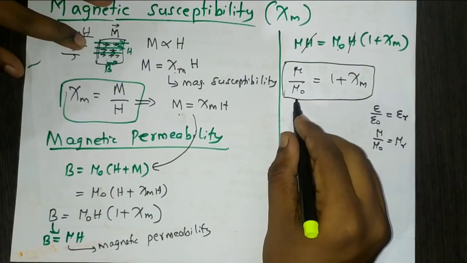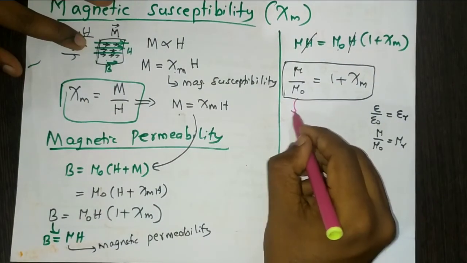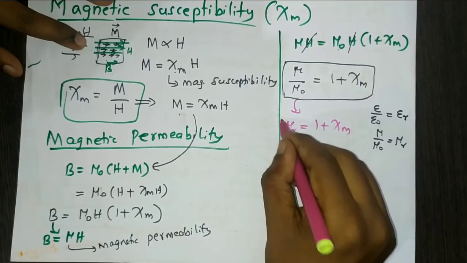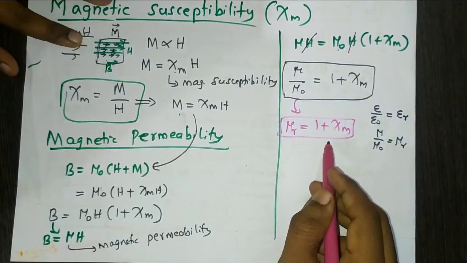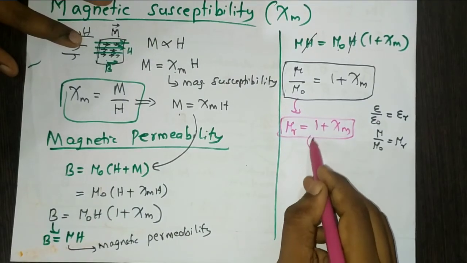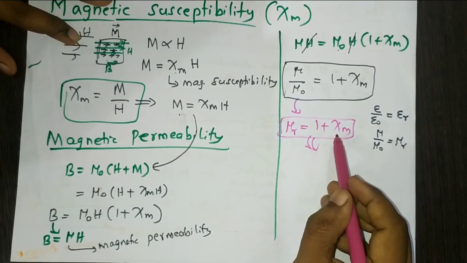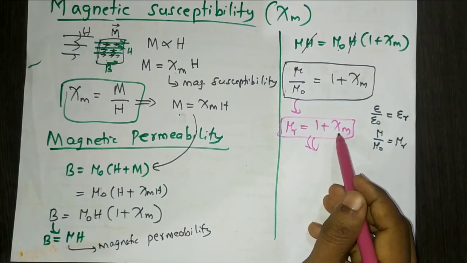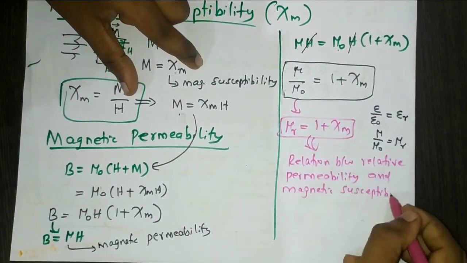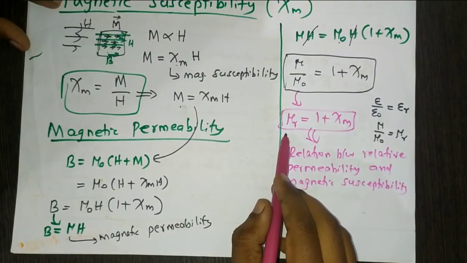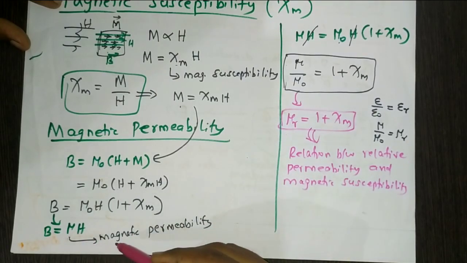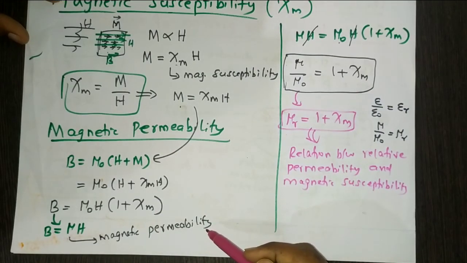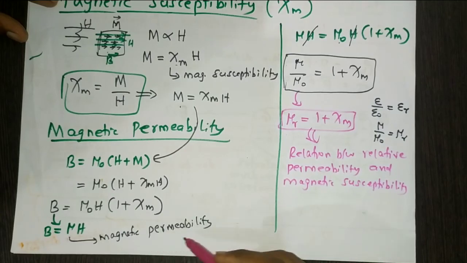That is, mu r is equal to 1 plus chi m. This is a relation connecting relative permeability and magnetic susceptibility. Here mu r is the relative permeability and mu is the magnetic permeability of the medium, simply the permeability of the medium.